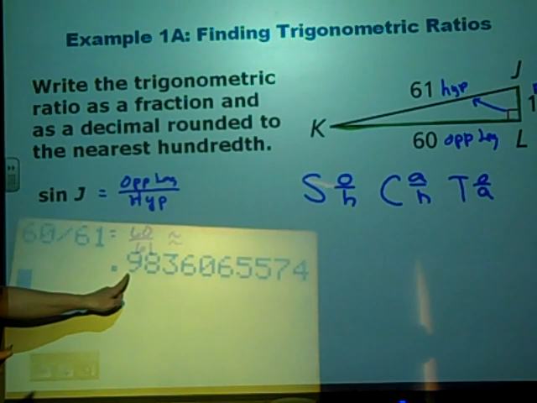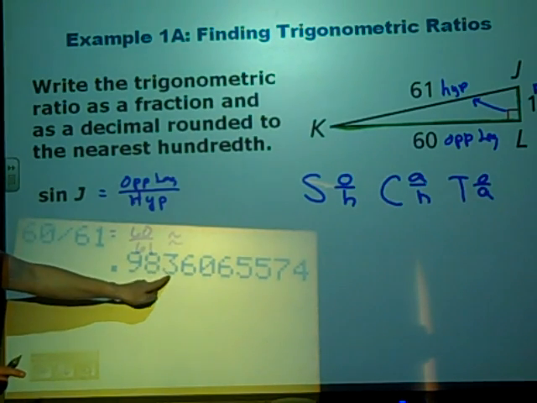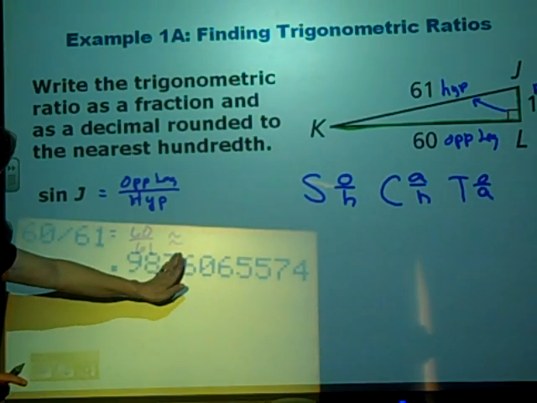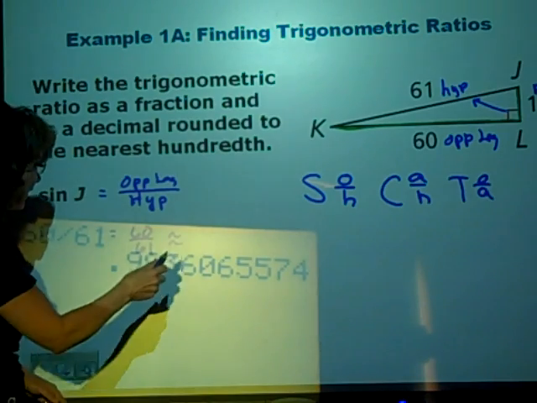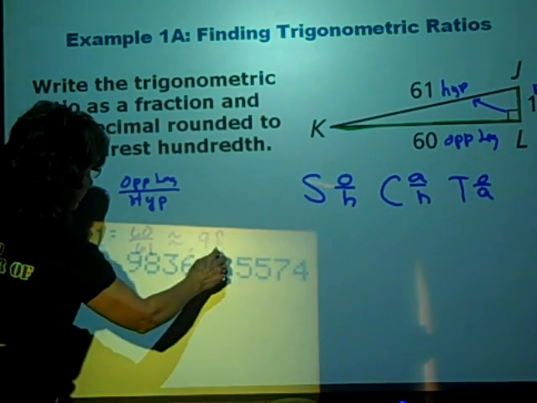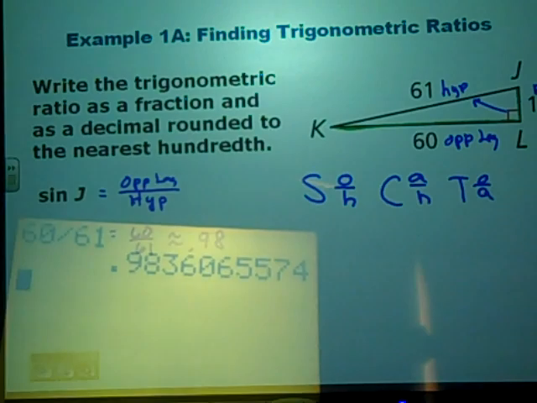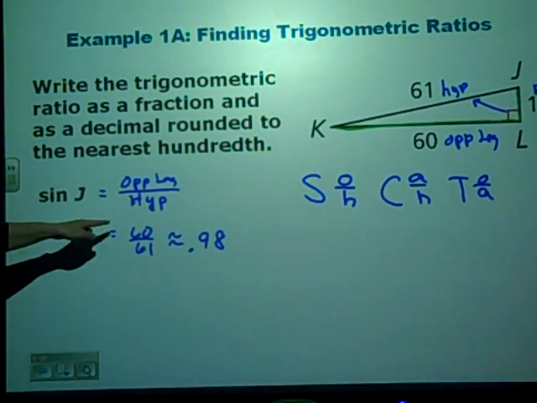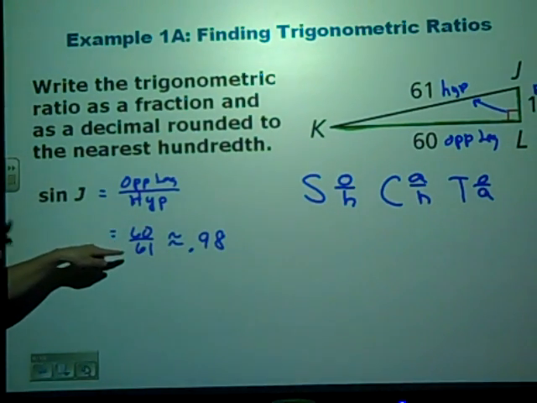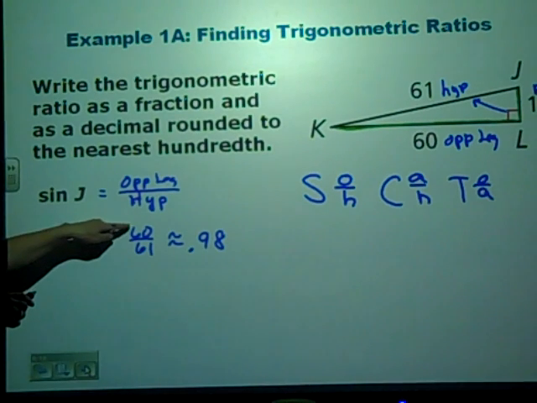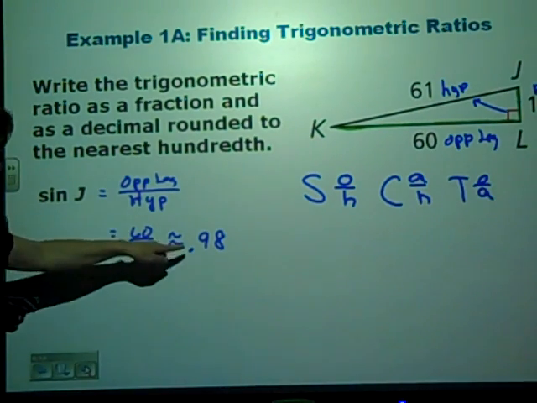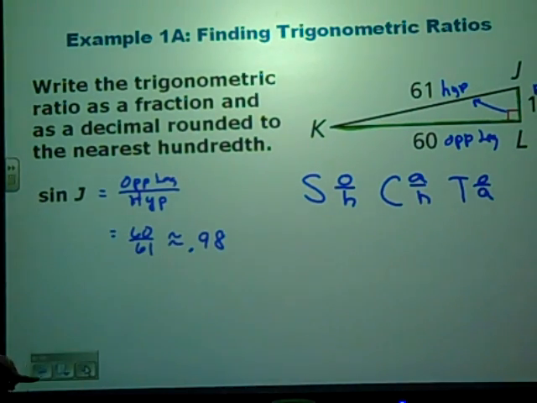Go hundredth place, so tenths place, hundredths place, thousandths. It's not 5 or larger, so I just round it to 0.98. And that's all there is to it. So it's just writing a ratio, like we did in chapter 7, of the opposite leg to the hypotenuse, and then rounding it to the nearest hundredth.